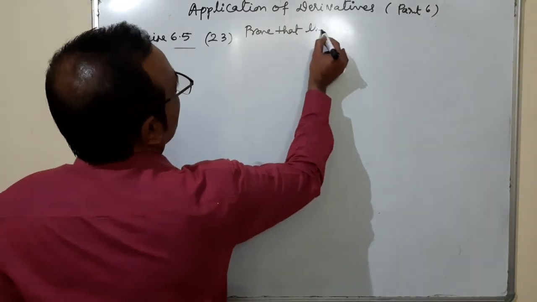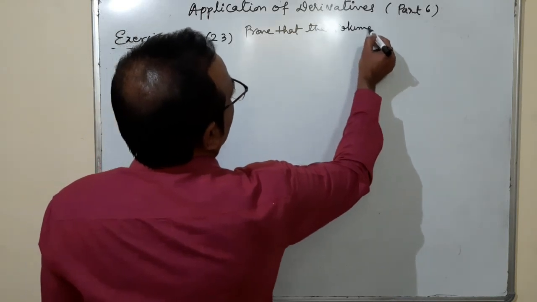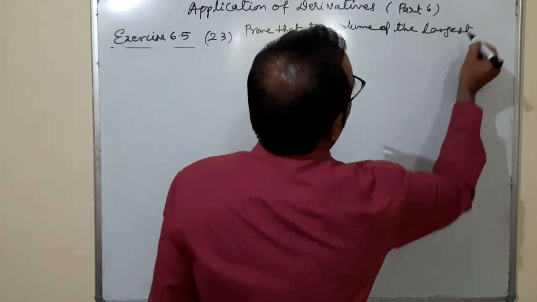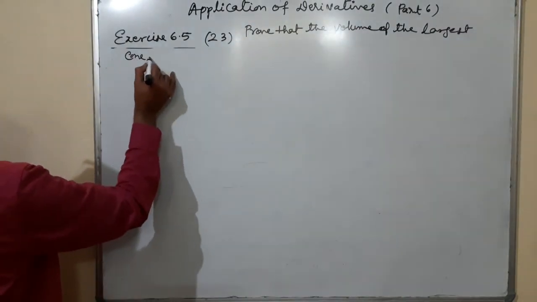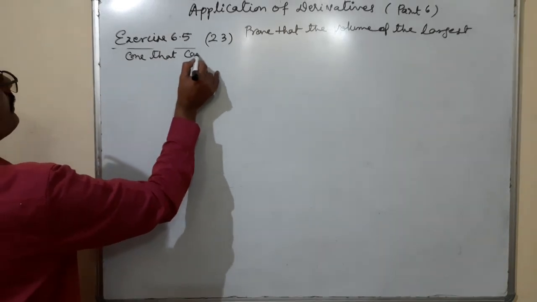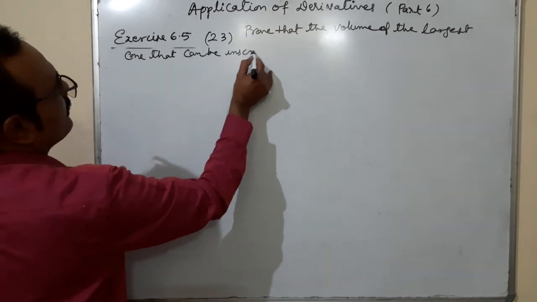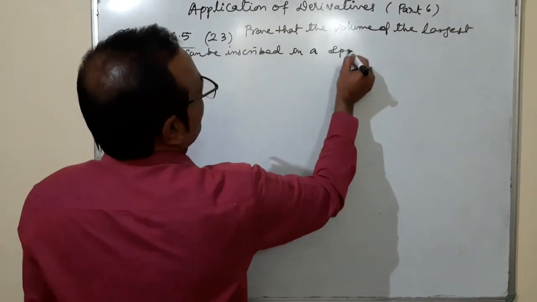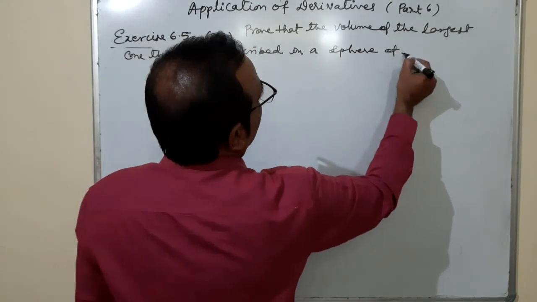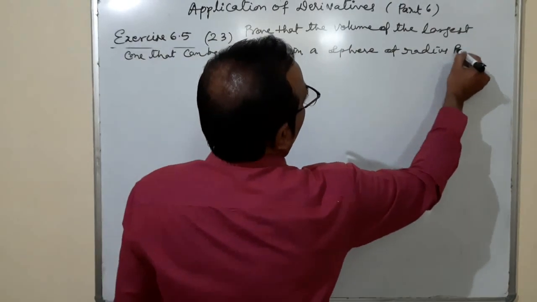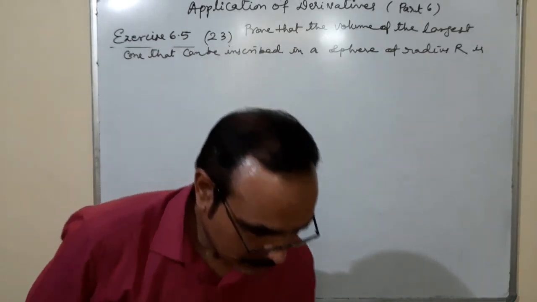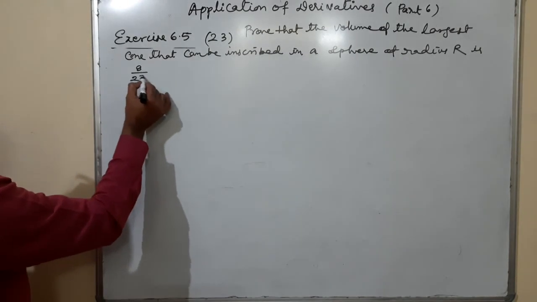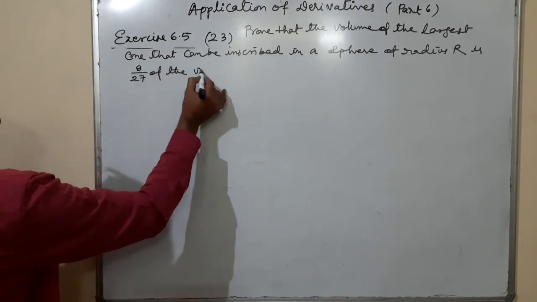Prove that the volume of the largest cone that can be inscribed in a sphere of radius capital R is 8 upon 27 of the volume of a sphere.